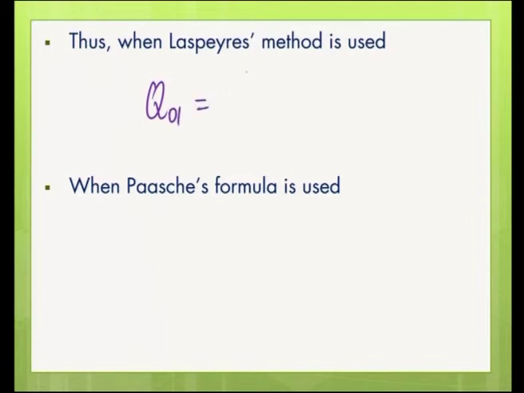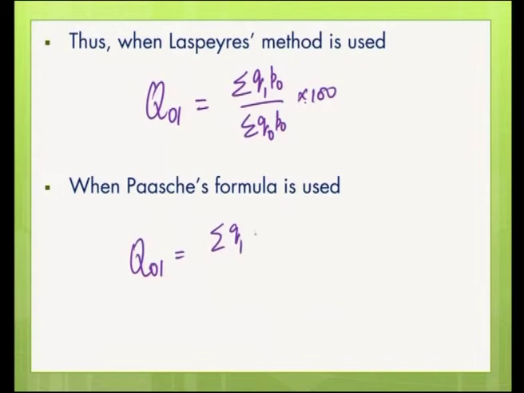Thus, when Laspeyres method is used for computing the quantity index numbers, the formula becomes Q01 is equal to summation Q1 P0 by summation Q0 P0 into 100. When Paasche's formula is used, the quantity index number is summation Q1 P1 by summation Q0 P1 into 100.